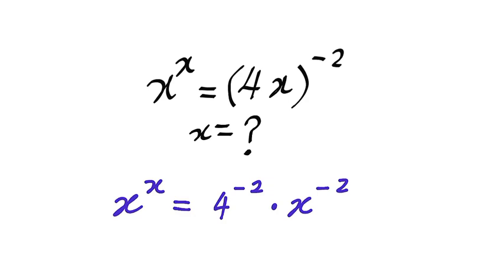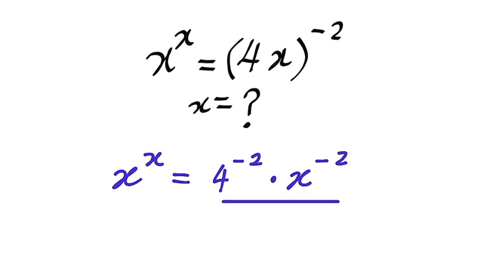So we're going to divide both sides by x to the power of minus 2. I'm going to have x to the power of minus 2 over x to the power of minus 2, so you see that we cancel this, all right?